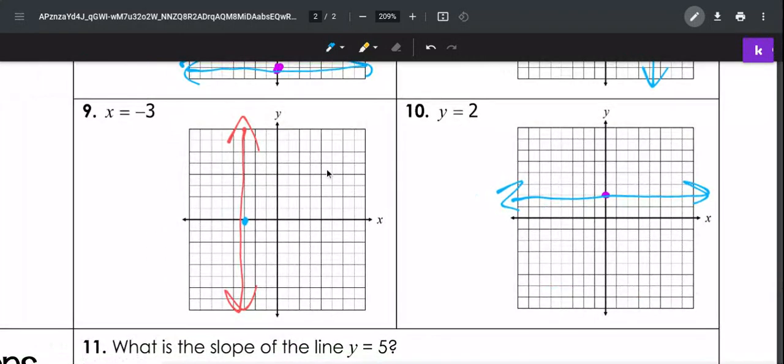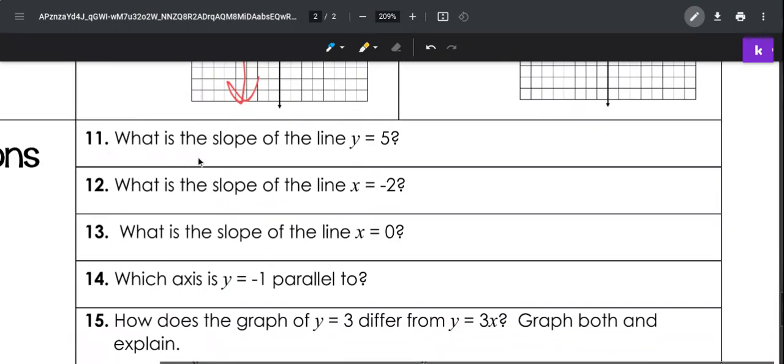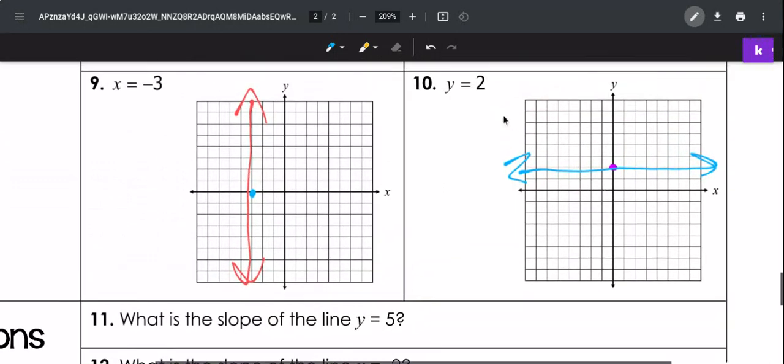Now let's go over a few additional questions. Number 11 is asking you, what is the slope of the line y equals 5? To know how to do this, we have to remember, is y equals 5 a horizontal line or a vertical line? If you need to, go back to one of these graphs and look at it.